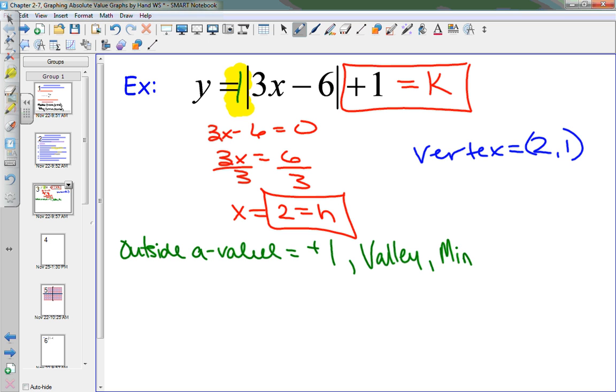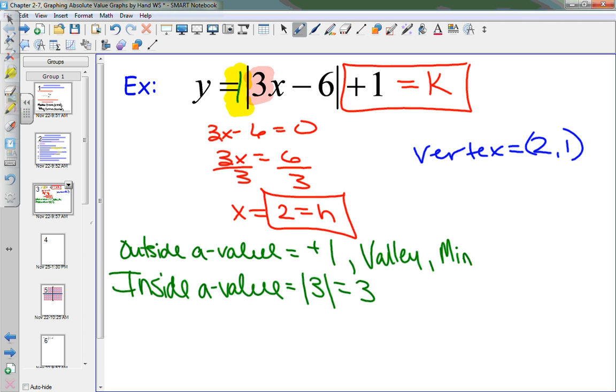Okay? Now what is my inside a value? Whenever I say a value, your brain should be thinking slopes. The slope of the inside is going to be 3. But I need to take the absolute value of 3. Please don't forget to do that. So what is the absolute value of 3? 3.